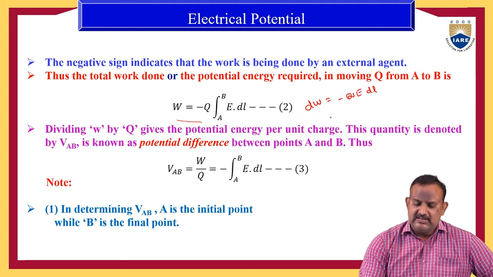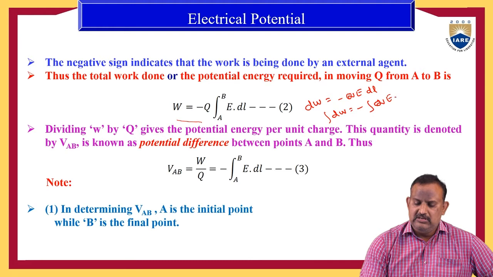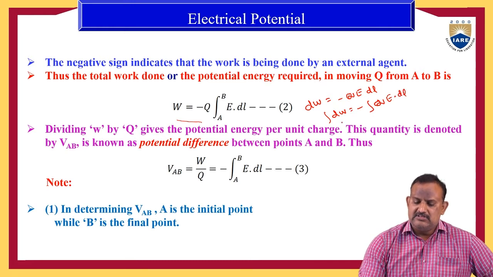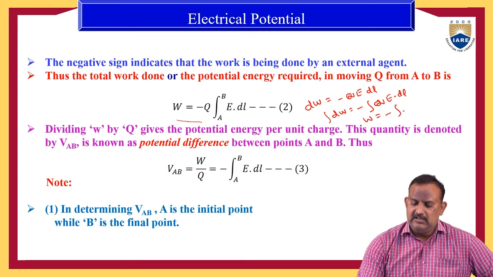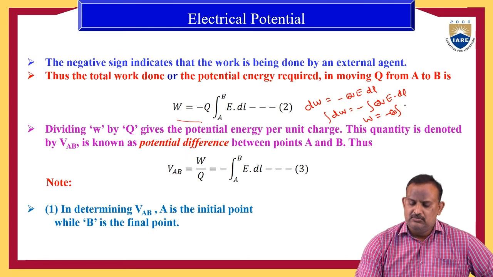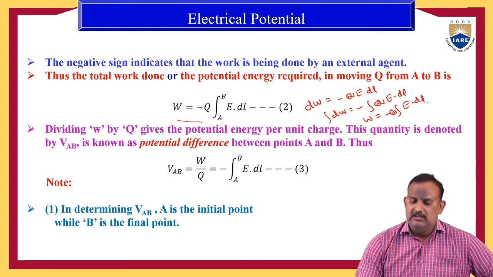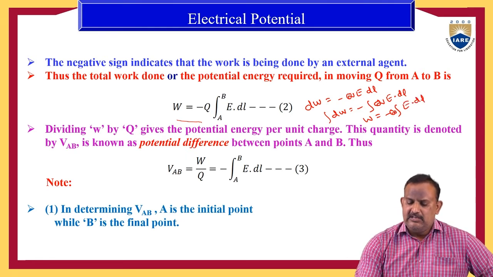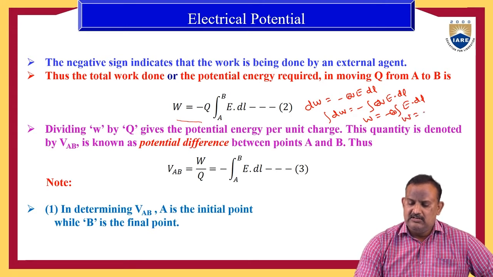If we integrate on both sides, the integral of dW is the work done, equal to minus Q into the integral of E into dl, since we are moving the point charge from point A to point B.